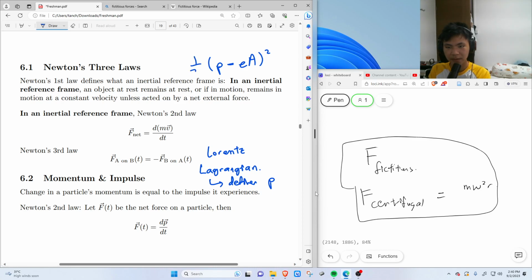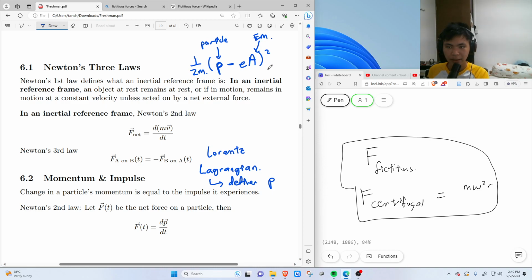And because of this, there's some kind of exchange of momentum. The momentum of a particle is kind of intertwined with the momentum of the electromagnetic field. A is the electric field and magnetic field packaged up into something called a vector potential, but it's a bit complicated.